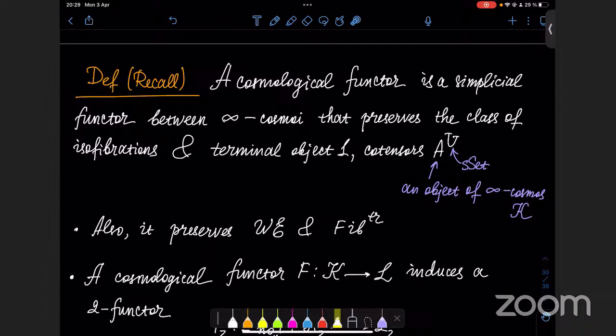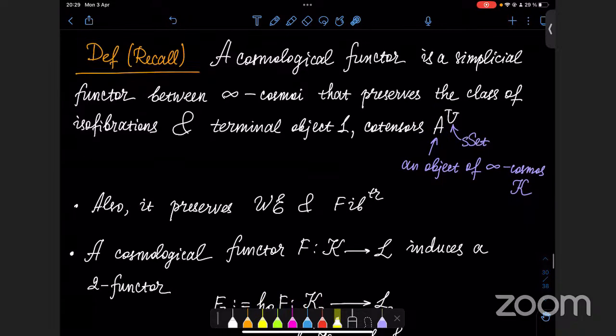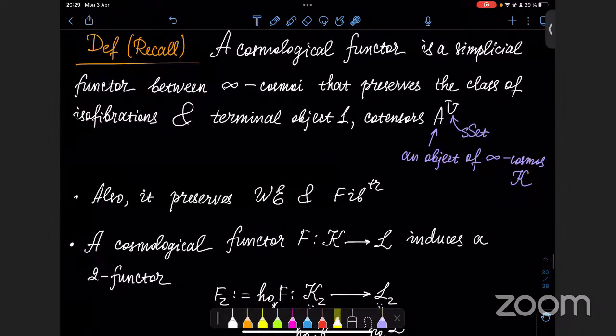A cosmological functor is a simplicial functor between infinity cosmoi that preserves the class of isofibrations, the internal object one, and also cotensors like this, where U is some simplicial set and A is an object of the infinity cosmos K. It follows from the definition that it preserves weak equivalences and trivial fibrations.